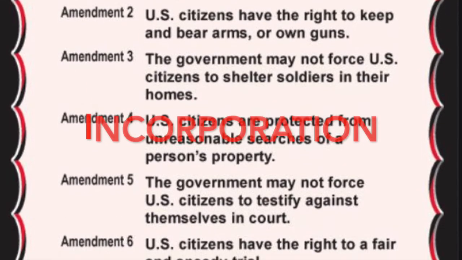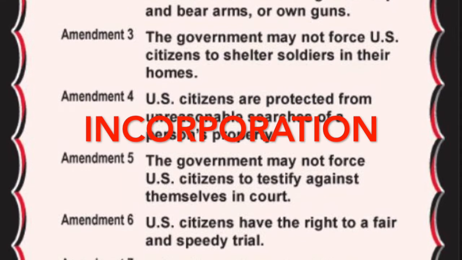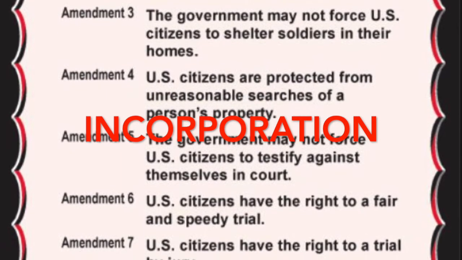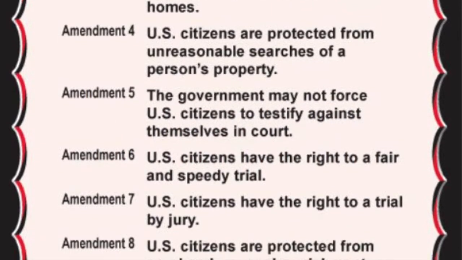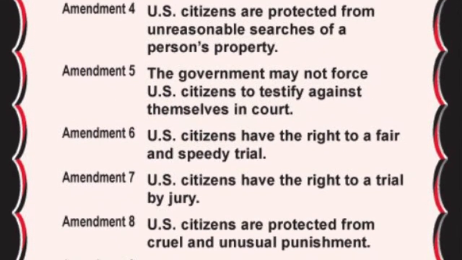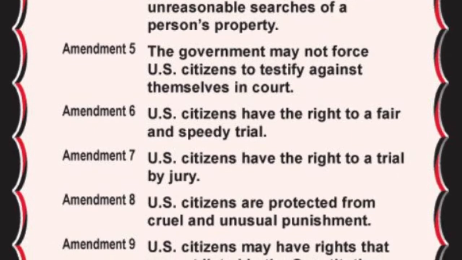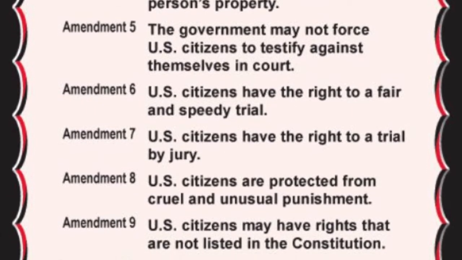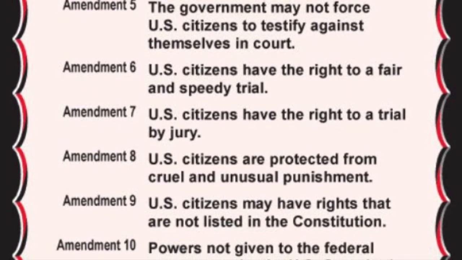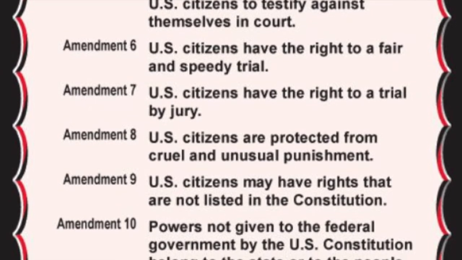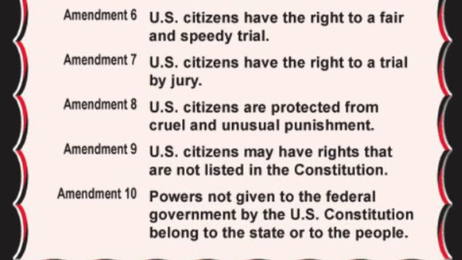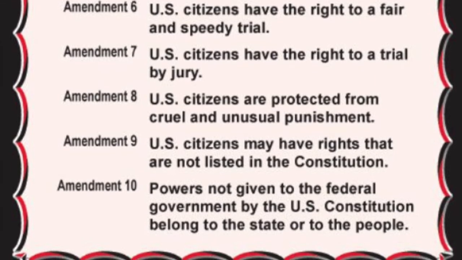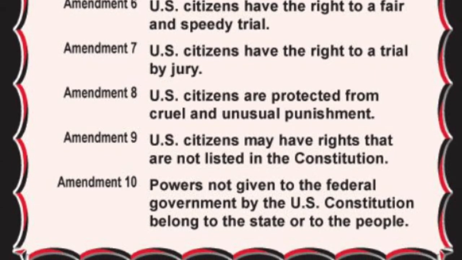Now, normally, you know what the Bill of Rights are. But those only are protections from Washington, D.C. Those are only protections from Donald Trump and from the U.S. Congress and from the FBI. They are not protections from the state government. The 14th Amendment, Part 2, incorporates the Bill of Rights into the state governments.